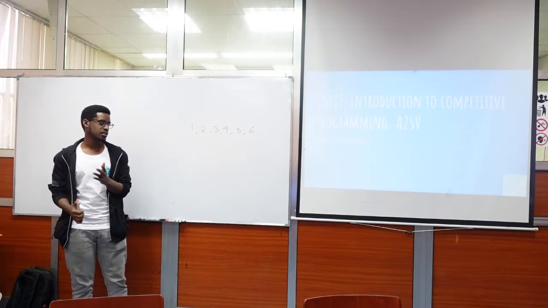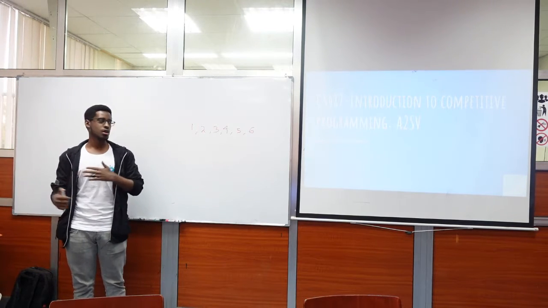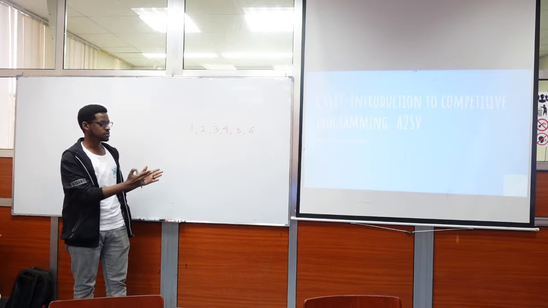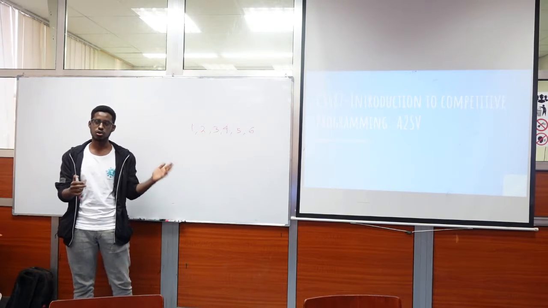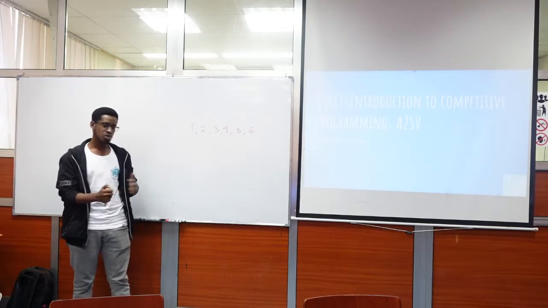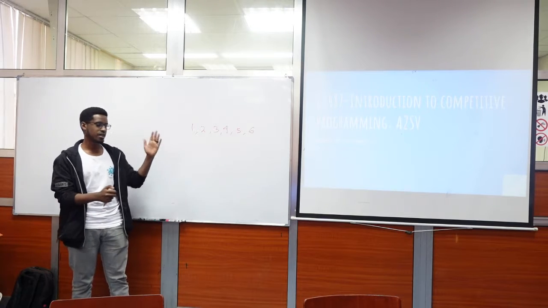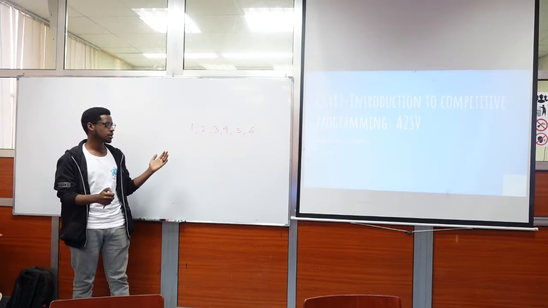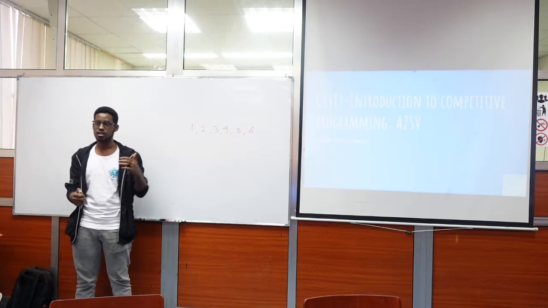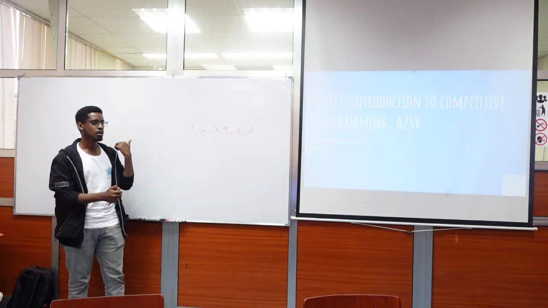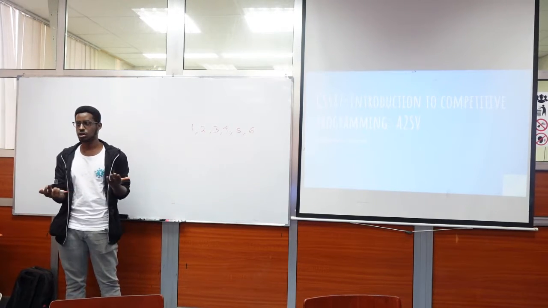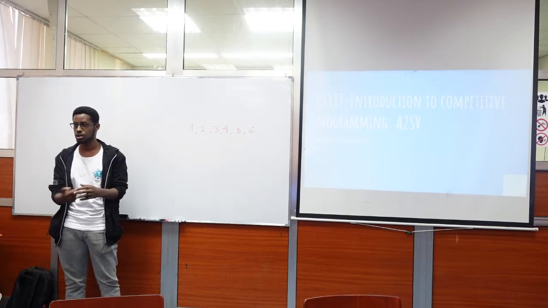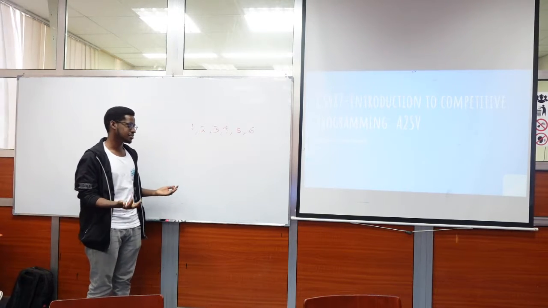If the element is below the middle, you check the right side. If it's greater than the middle element, we check the left side. And if we find the element, we return it.